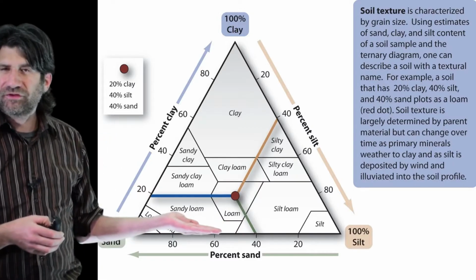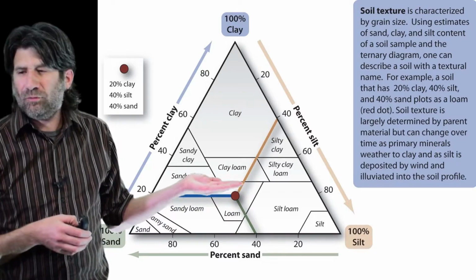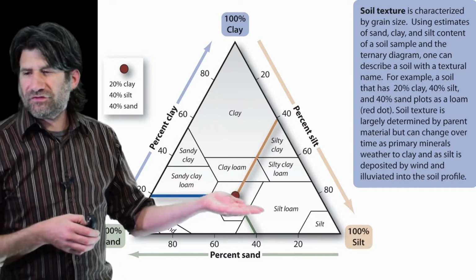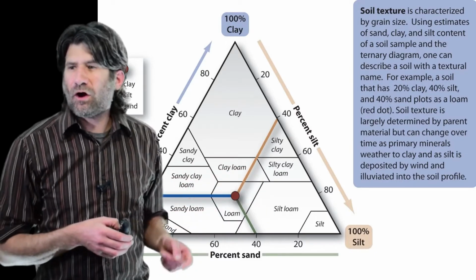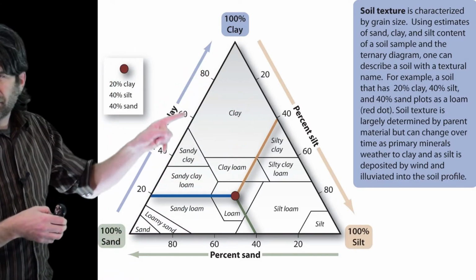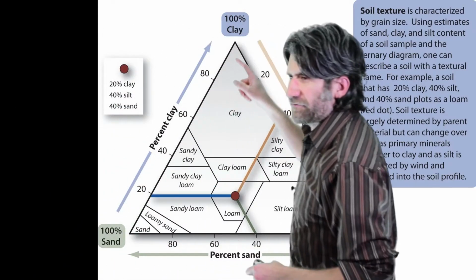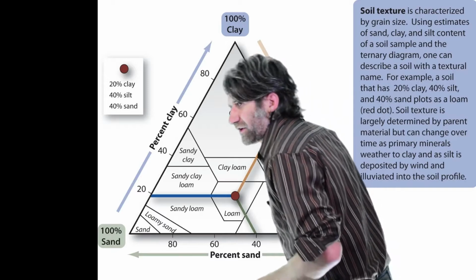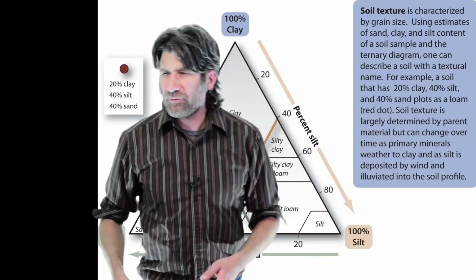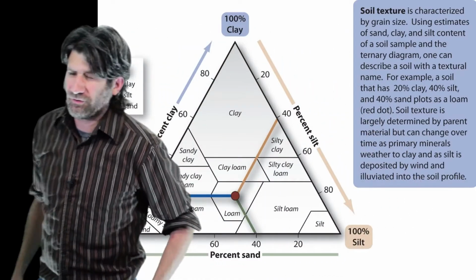You might have heard some of these before, maybe from gardening, the difference between a loam, or a clay loam, or a sandy, silty clay loam over here. Now, all these are just basically what percentage of clay, up to 100% clay, or how much silt you have, from 0 to lots and lots of silt, and then sand on the bottom axis. Not much sand on this side, going to lots and lots of sand over here.